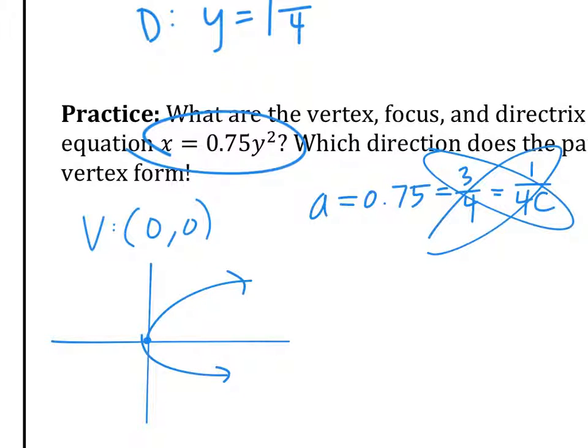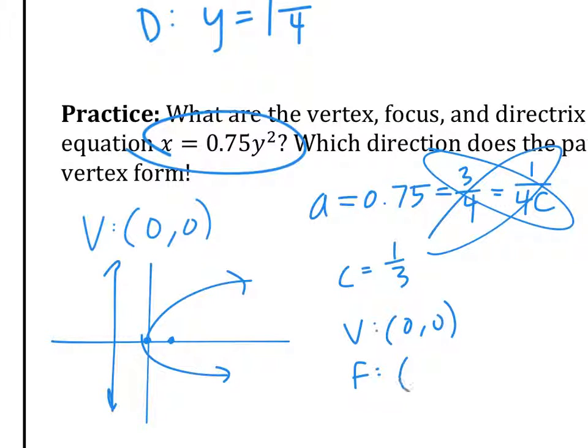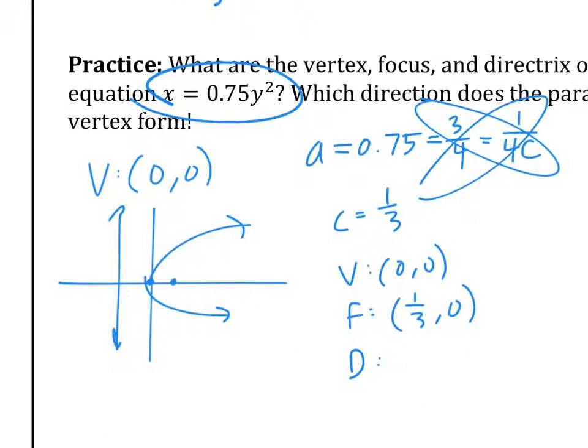Figure out what C is, and then figure out everything else. Let me know when you are done with focus and directrix. Okay, so for this one, C is equal to 1/3. That means the vertex we already know is 0, 0. Focus is going to be inside, directrix is outside. So the focus is 1/3, 0, and the directrix is a line, which is x equals -1/3.